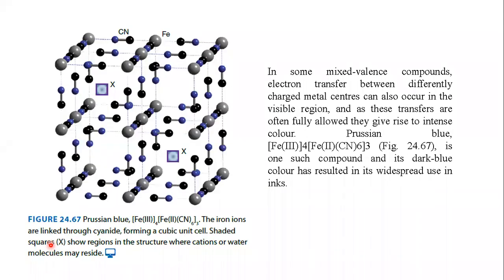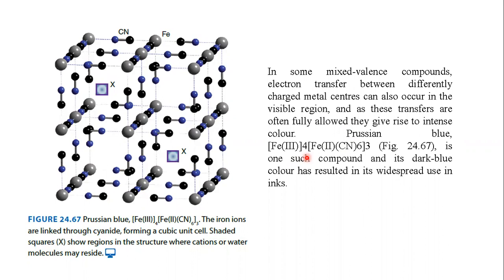Now, another type, the third type, that I told you: mixed valence compounds will have charge transfer. So what is a mixed valence compound? You have done some experiments where Prussian blue color comes. You have observed the color. What is Prussian blue? You know that.